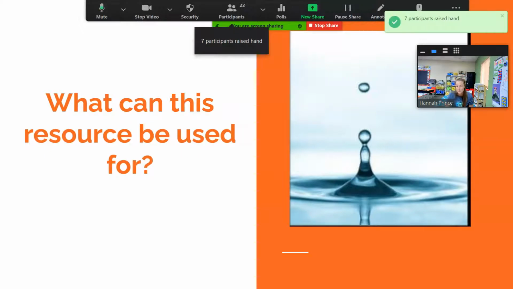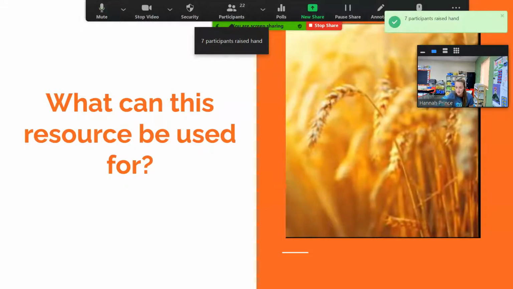So this is a reminder, boys and girls, please do not unmute yourself unless we call on you. Oh, here we go. This is a picture of a wheat field. So if you know how we can use this resource, Miss Cheatham's going to call on somebody. What could we use this wheat that's growing?